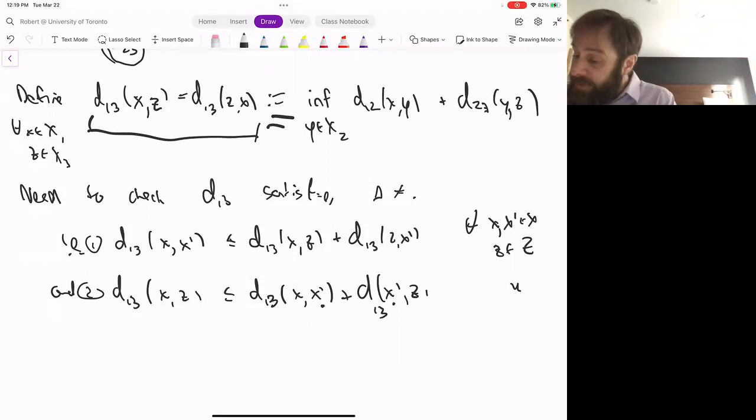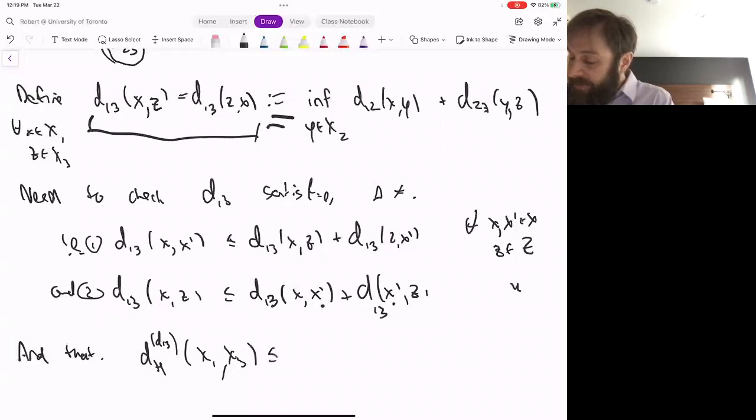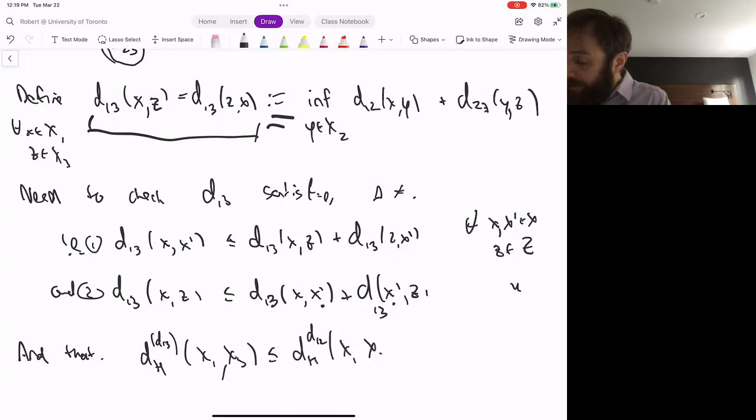The other thing you need to check is that the Hausdorff distance with respect to this d13 between x1 and x3 is less than the Hausdorff distance with respect to d12 between x1 and x2, plus the Hausdorff distance with respect to d23 between x2 and x3.